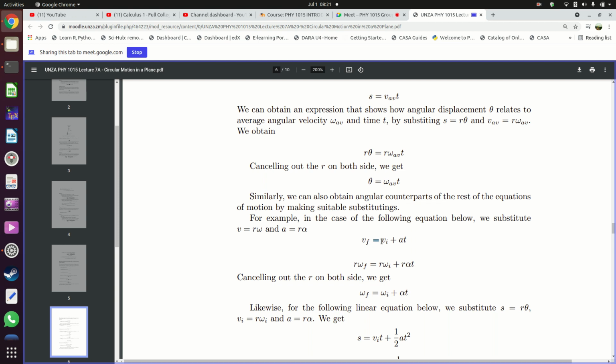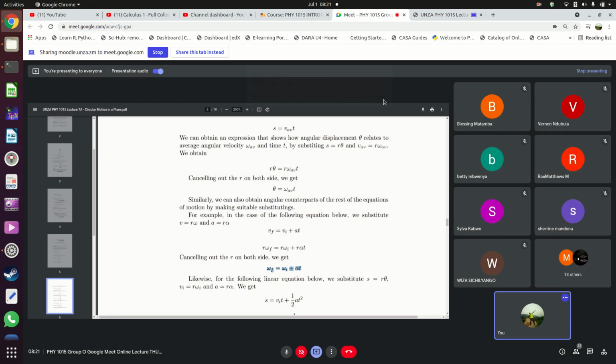Where there is Vi, you have replaced omega i. Where there is a here, you have replaced it with alpha. The message is the same. You can move between these formulas by just replacing the velocity with the angular velocity, and the acceleration with the angular acceleration.